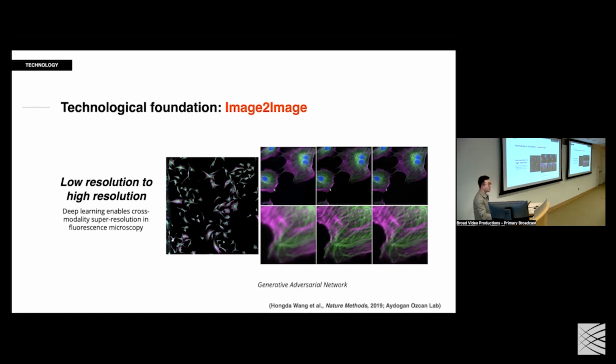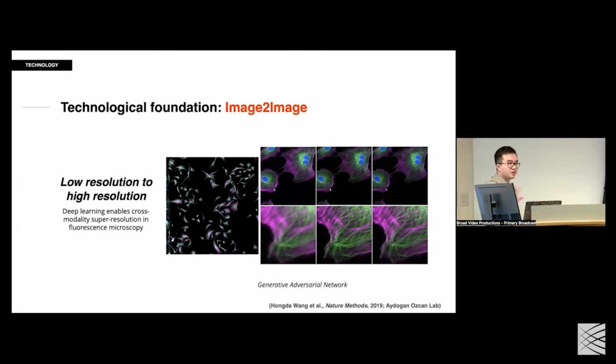And I think recently in a bioRxiv paper from Yale University, they used a regular bright field microscope combined with expansion microscopy and some of these neural networks to generate super resolution images just from low resolution bright field images.